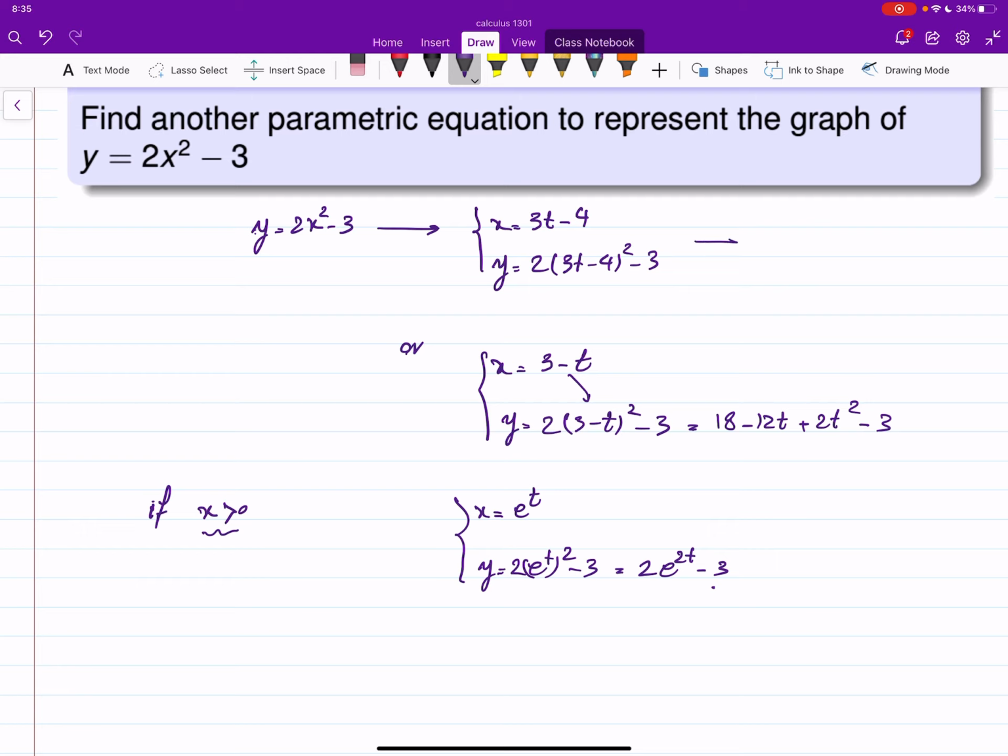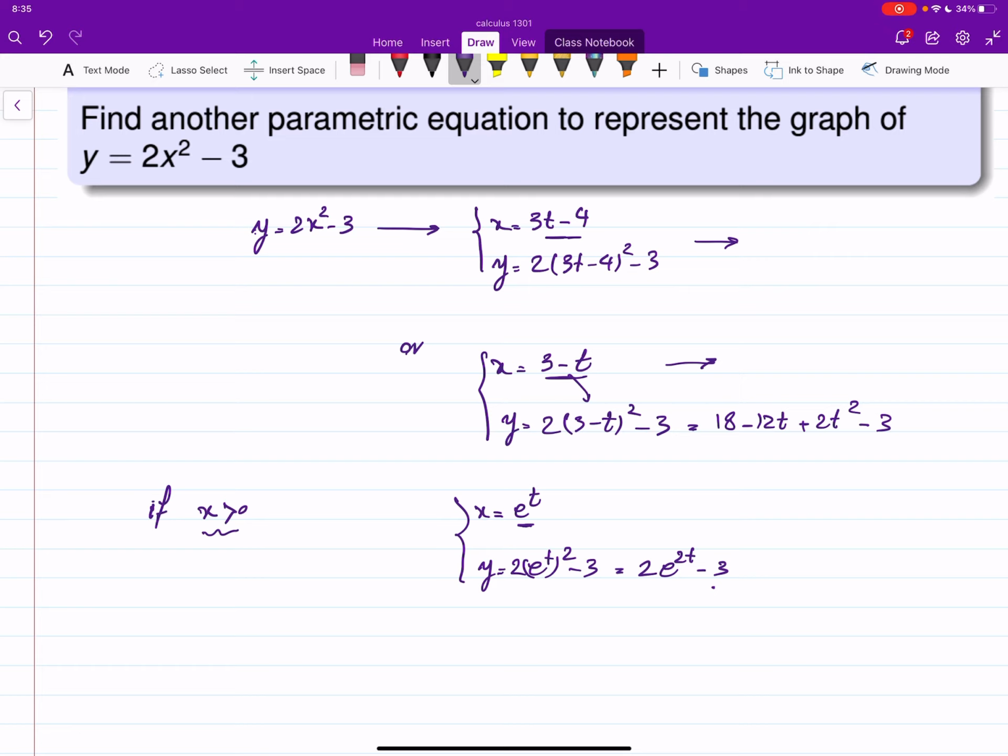For example, this direction and that direction are opposite of each other, because here as t grows, x grows, and here as t grows, x decreases. So the direction is different. Or here we can only get x values bigger than 0 by this parameterization, because e to the power t is always a positive number.